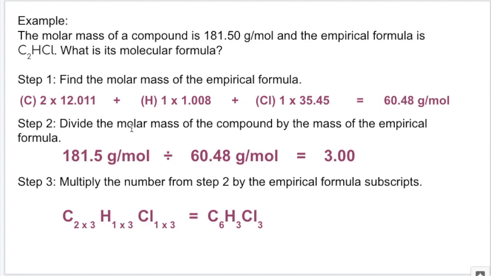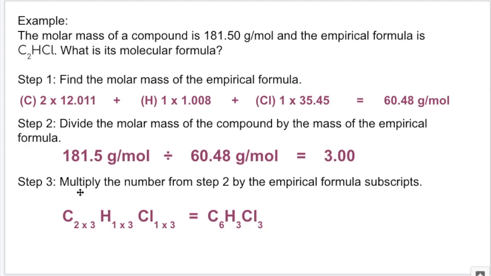Step 2 is to divide the molar mass of the compound, given in the problem, by the mass of the empirical formula. So 181.5, the molar mass of the compound, divided by the molar mass of the empirical formula we just calculated, 60.48, gives us 3.